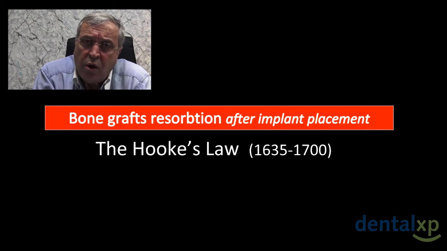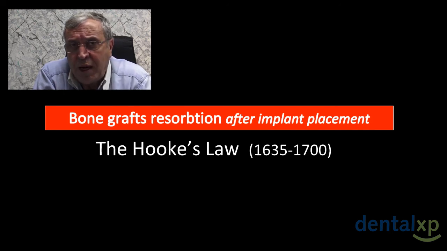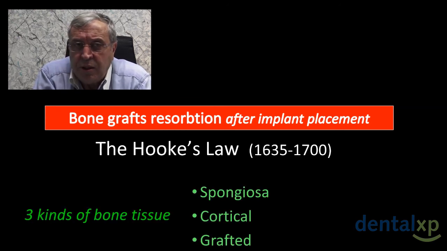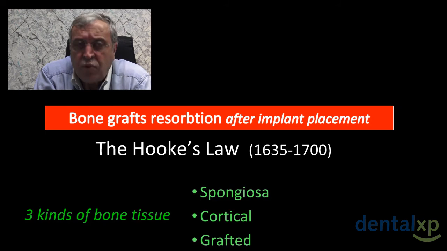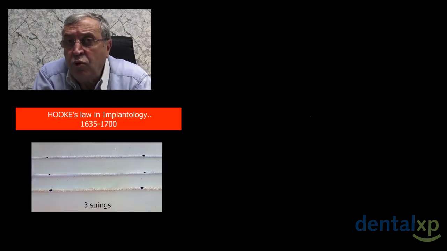Hooke was living 3 centuries ago, but he left a testament for dentists and for implantologists. And to understand the Hooke's law, we have to understand that we have 3 kinds of tissue: the medullary bone, the cortical bone, and the grafted bone when we do re-entry.